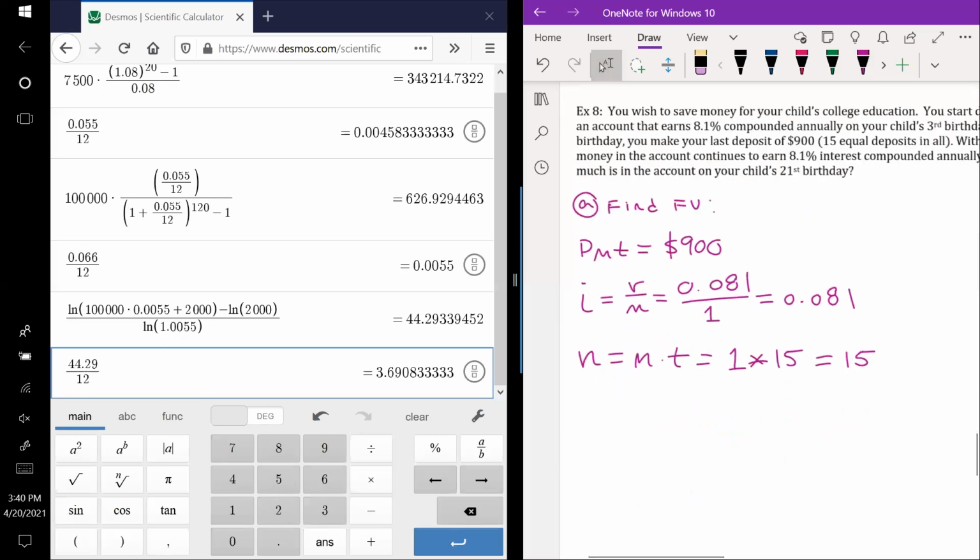All we have left to do is find the future value now. So future value equals our payment times 1 plus I, which is 0.081, raised to the 15th minus 1, all over I, which is 0.081.